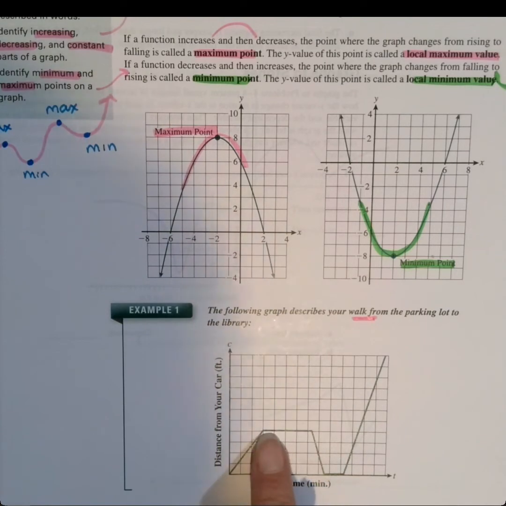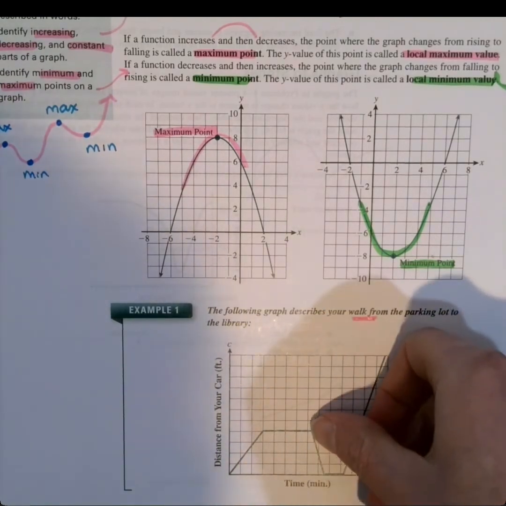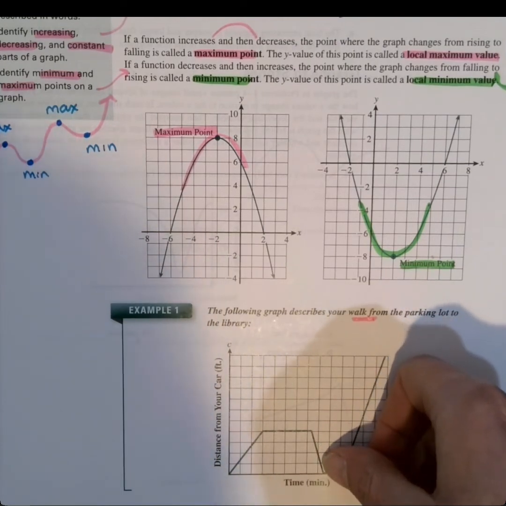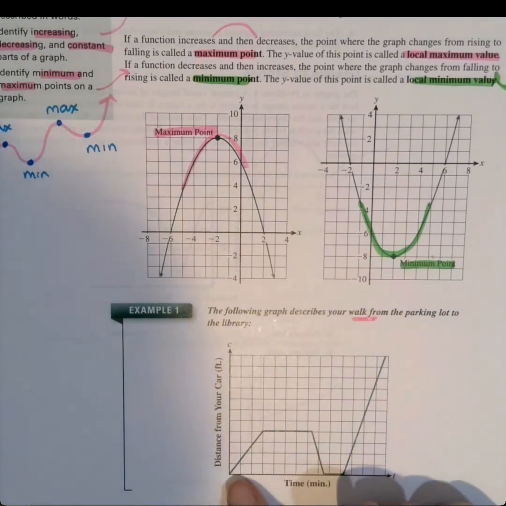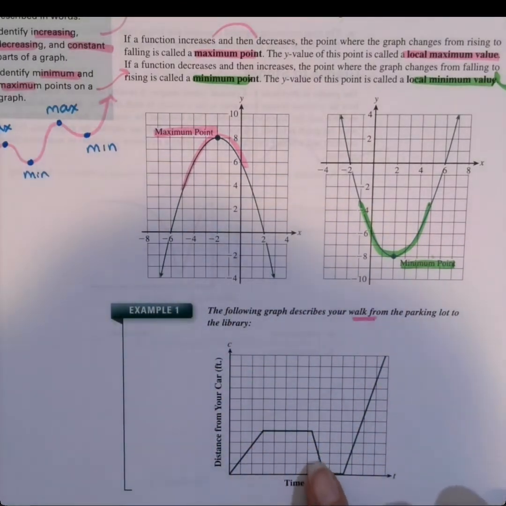So I'm rummaging around in my bag, I'm standing still, and then the distance between me and my car decreases, and it decreases pretty rapidly. So I walk back to my car pretty quickly, a lot quicker than I was walking away. I might have been strolling away from my car, but then I stop and I hurry back to my car. Then the distance between me and my car stays the same.